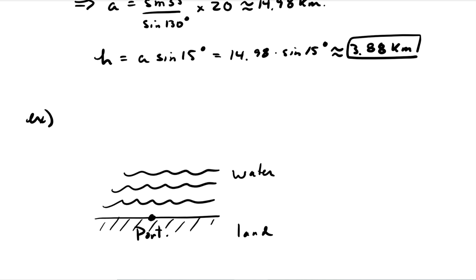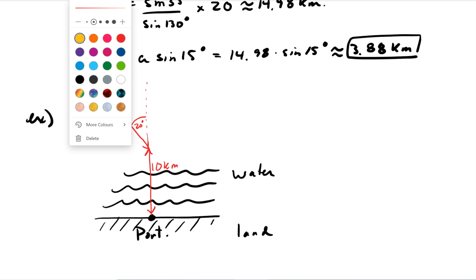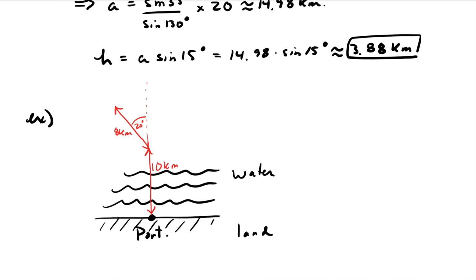Then you've got a boat that leaves the port and travels 10 kilometers. At some point, the boat turns west by 20 degrees and travels another 8 kilometers. And then what we want to find is how far the boat is from the port.